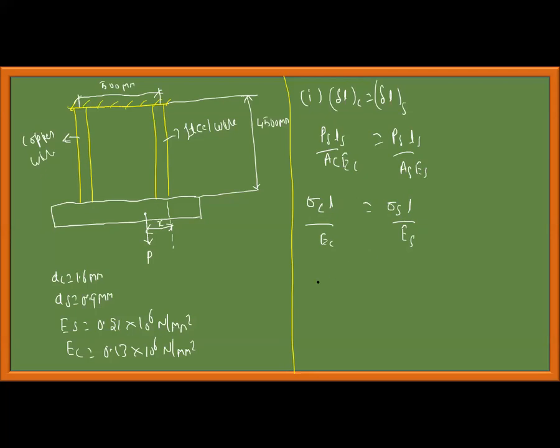So sigma of copper is equal to sigma S into Young's modulus of copper by Young's modulus of steel, which is 0.13 into 10 power 6 divided by 0.21 into 10 power 6 into sigma S. Tell me what is sigma C in terms of sigma S.